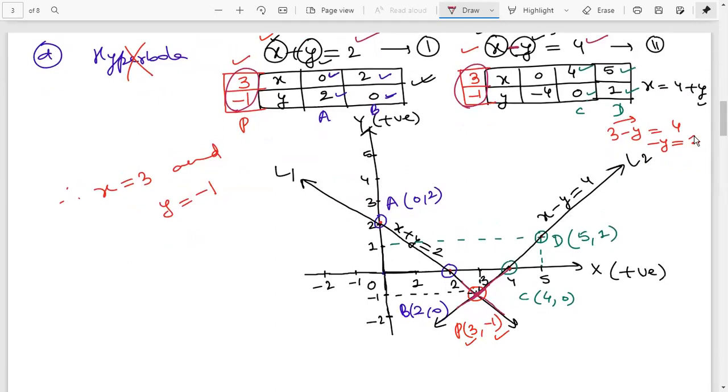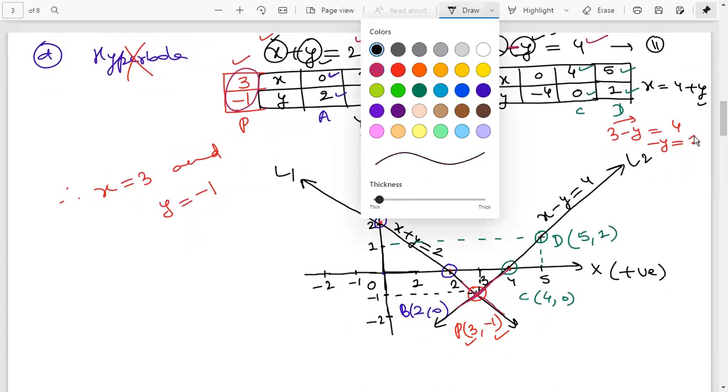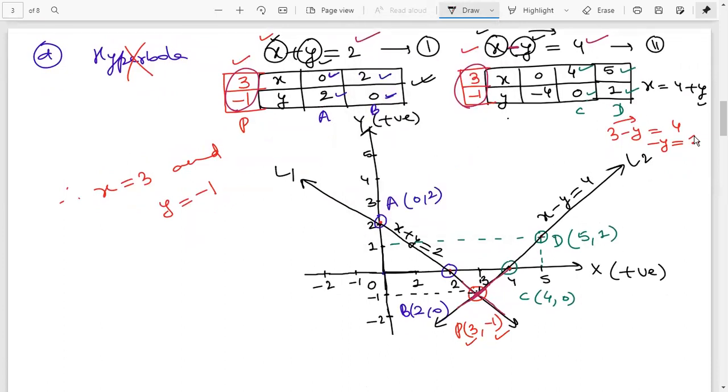One last thing we can write: scale. Scale is actually written on graph paper, but here also we can write it, because graph paper will not be provided for this type of question; it will be given for construction chapter questions. So we write scale. On the x-axis, what scale have we taken? 1 centimeter.